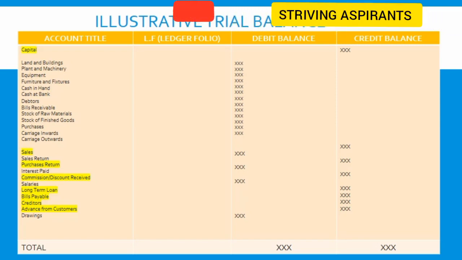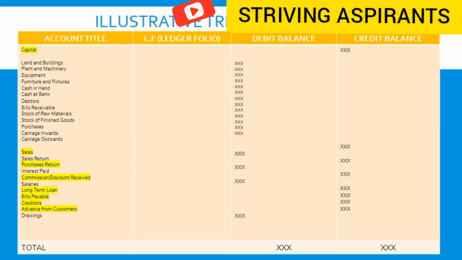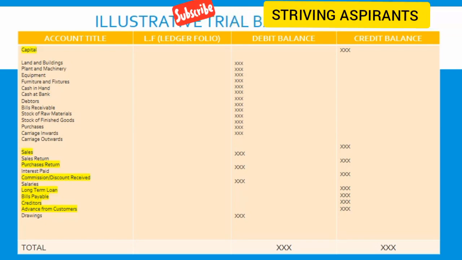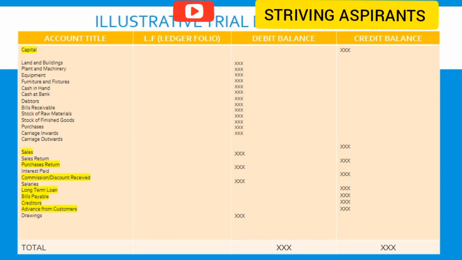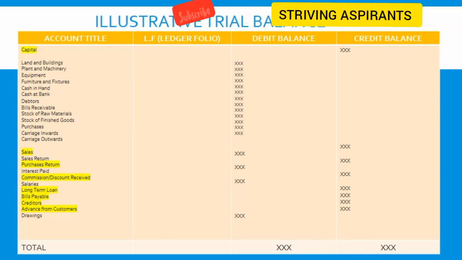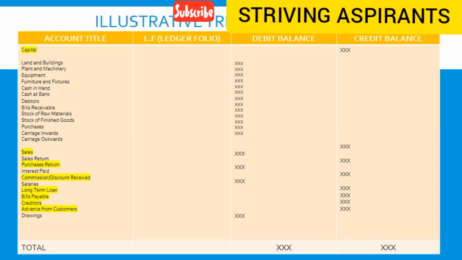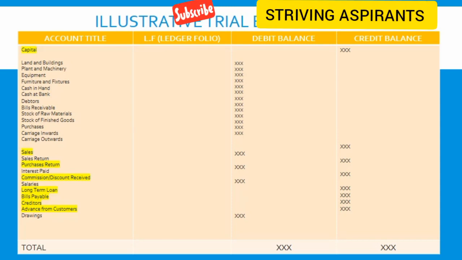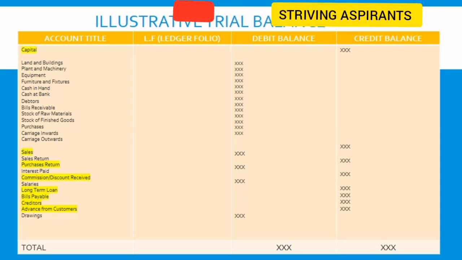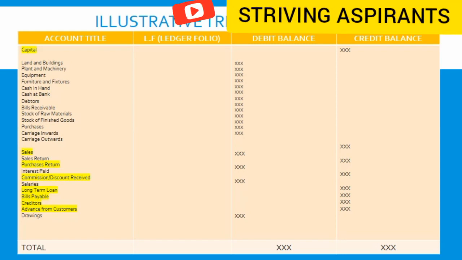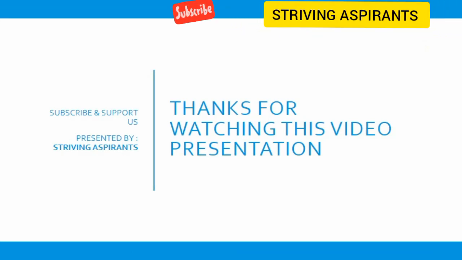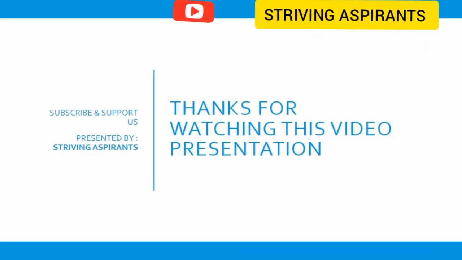The point remaining is the subject matter related to errors in the trial balance, that we will show in the upcoming videos, and we will be posting one more video related to trial balance with the concerned examples, because we have to understand how this works. So we'll be posting another 2 videos relating to trial balance.